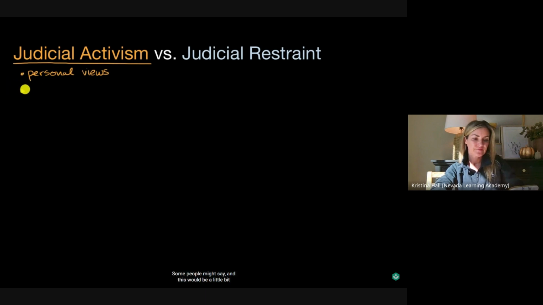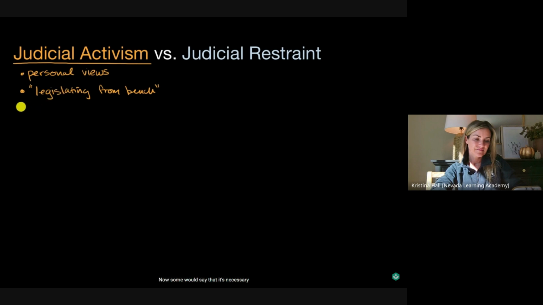Some people might say, and this would be a little bit negative, that they are legislating from the bench. You'll often hear that from the people who don't like a ruling: that judge or that court is legislating from the bench. They're saying, hey, they're not strictly looking at the law, they're trying to make their own laws through their rulings.